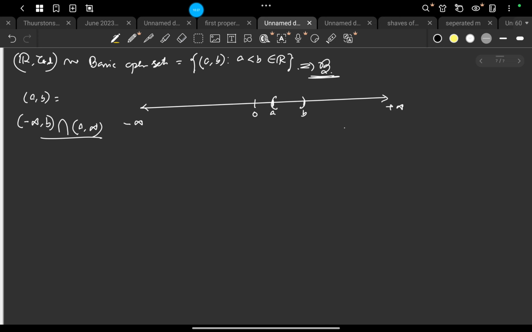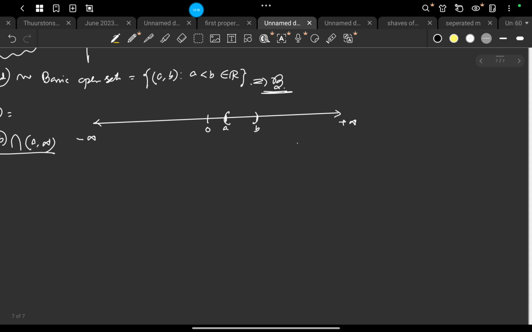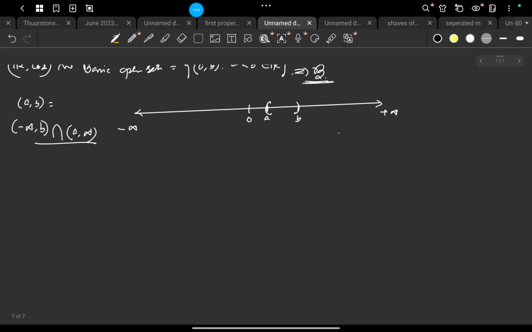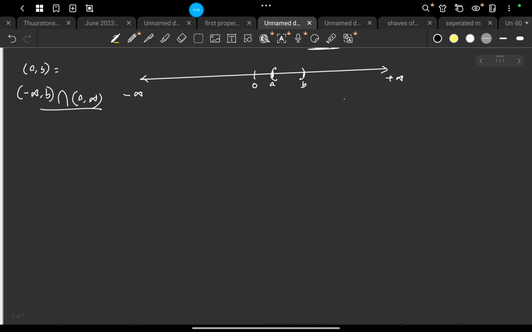Now if we need to define the topology on R2, first we need to construct some open base on R2 with the help of these basic open sets for the usual topology on R. So for that purpose there is something called an open rectangle.